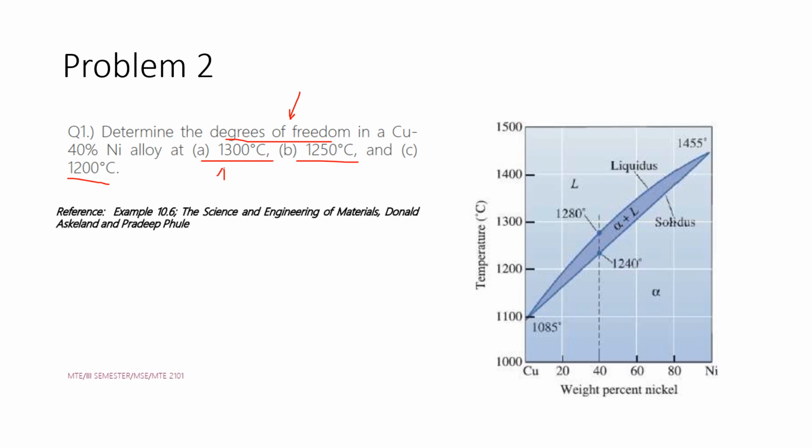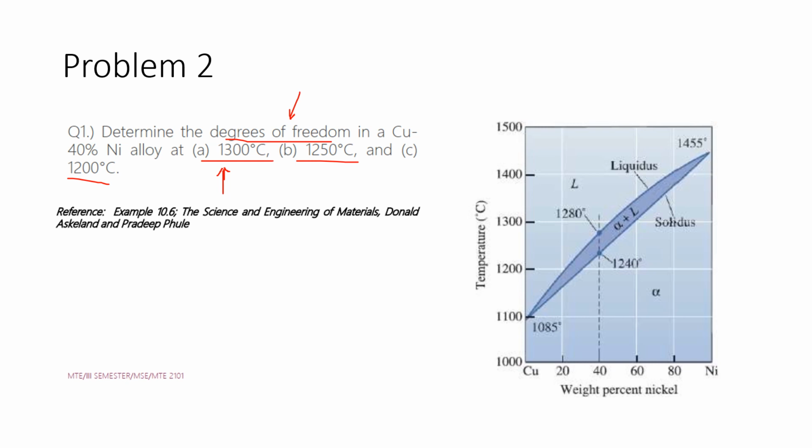For this we have discussed the Gibbs phase rule. You just apply the Gibbs phase rule. Normally atmospheric pressure, 1 atmosphere, is known for calculation of the Gibbs phase rule.